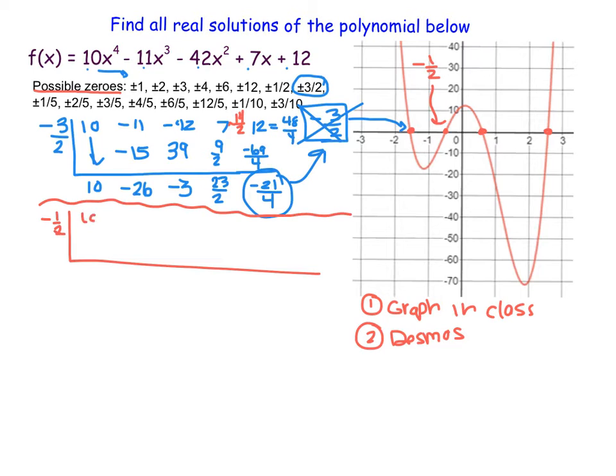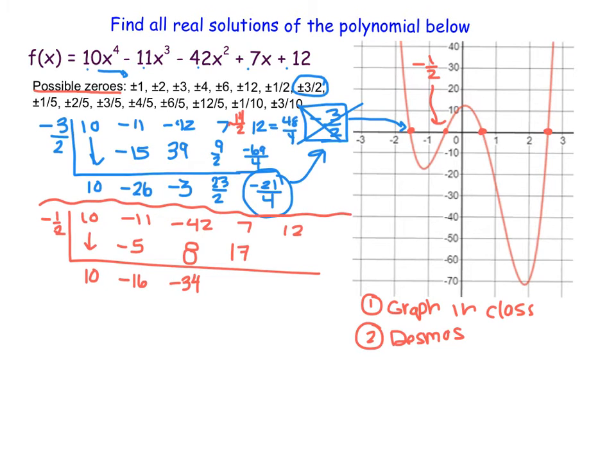So we have 10, -11, -42, 7, and 12. If we utilize synthetic division, we drop the 10 down, multiply that by -1/2, that's -5, add straight down, that's -16, multiply -16 by -1/2, that is +8, add straight down, and that becomes a -34, multiply that by -1/2, and that becomes +17.